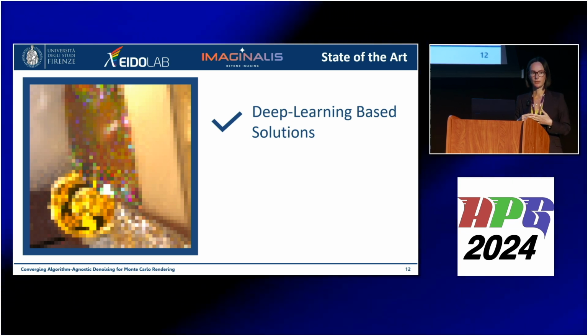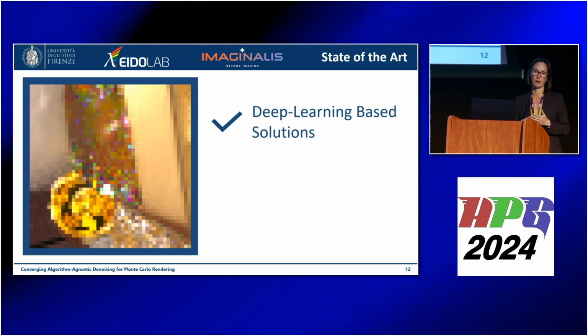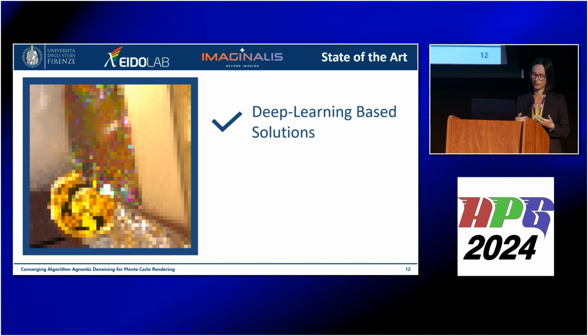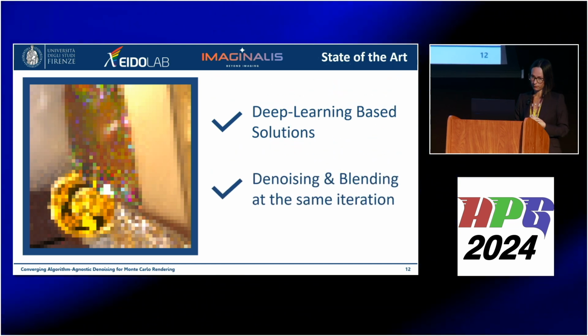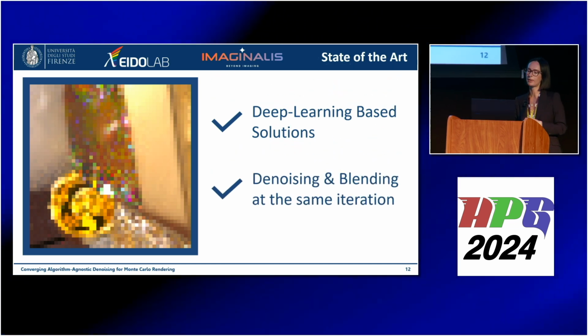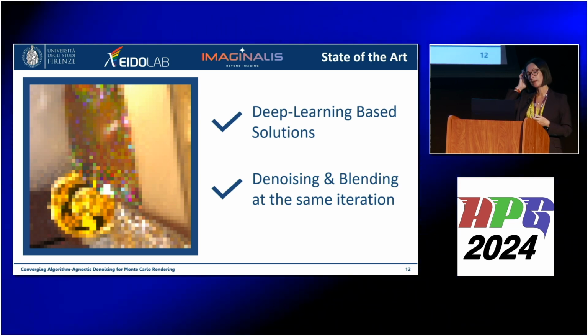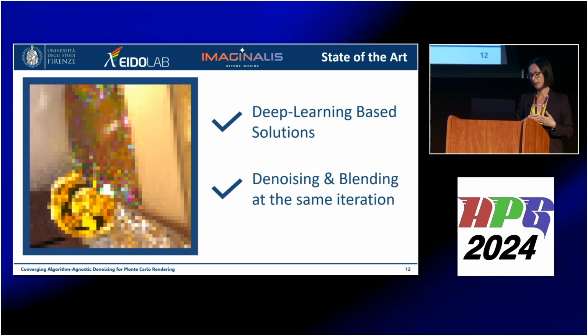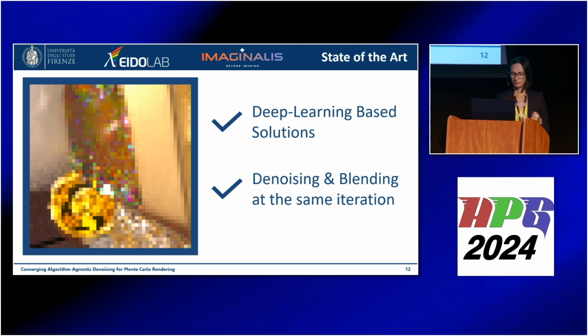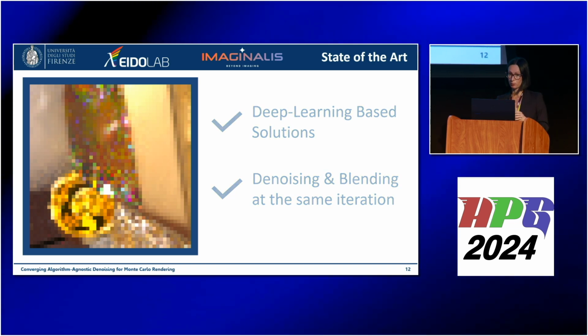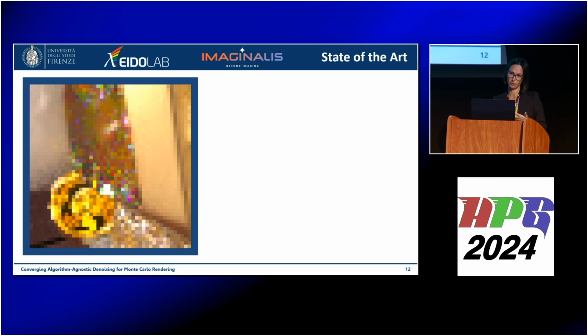It means that if the denoising algorithm changes, the model must be retrained. Moreover, these solutions require that the Monte Carlo estimate and its denoised counterpart be obtained at the same iteration. That actually can be not efficient. We propose a solution that is free from these two limitations.